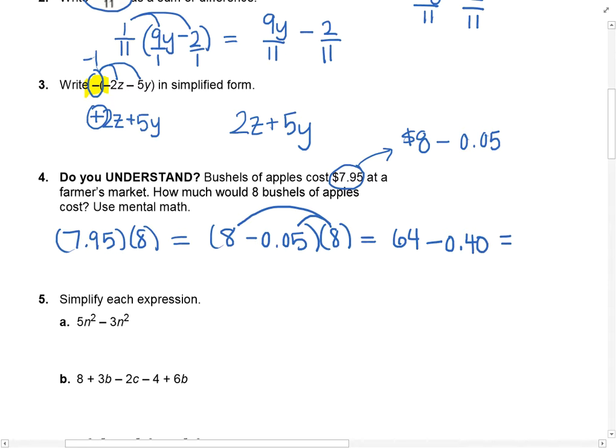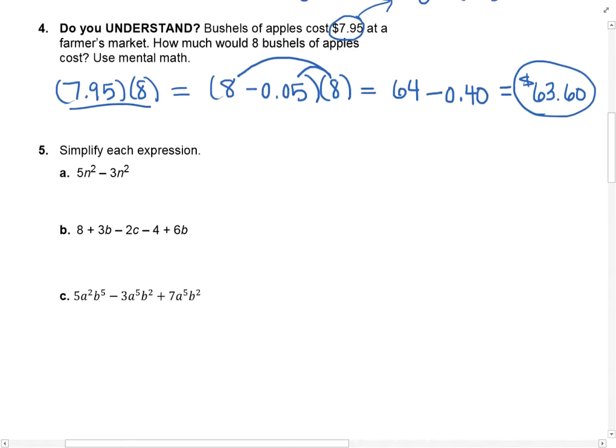So then think about taking $64 and subtracting 40 cents. You would have $63.60. That is a lot easier than maybe using traditional methods to multiply 8 times the 7, then the 9 and the 5 and all that, and carrying and all that.